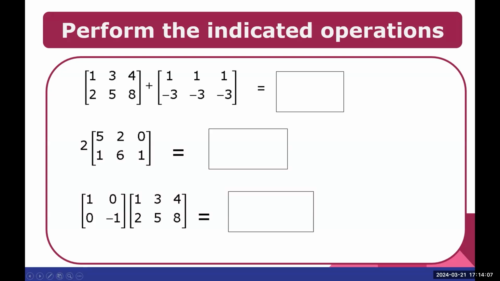All right, so we're ready to take some answers. Now for the first one, what type of matrices are we adding together? Nobody knows? For those who want to answer, you can just raise your hand and we'll unmute you.